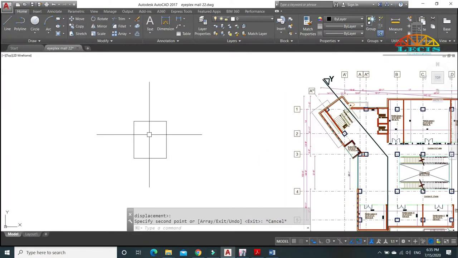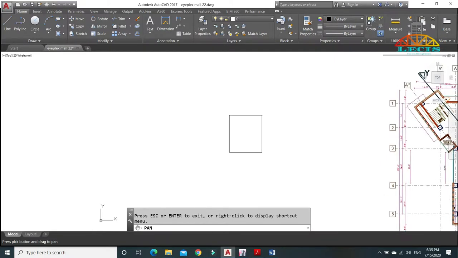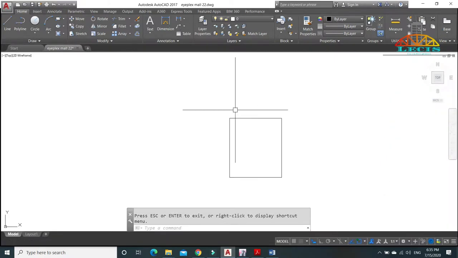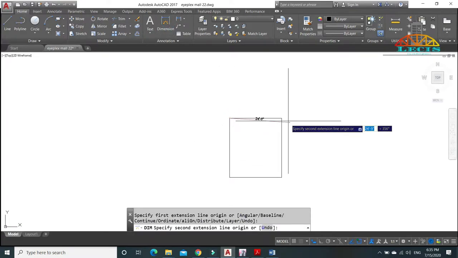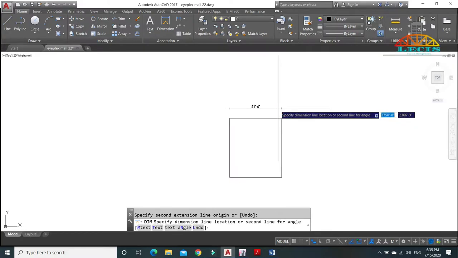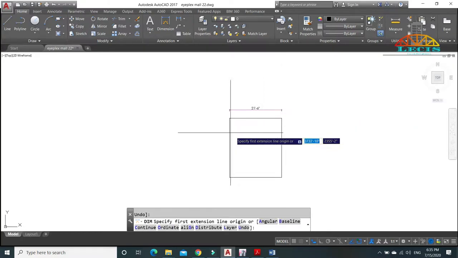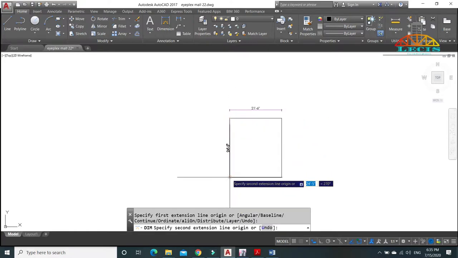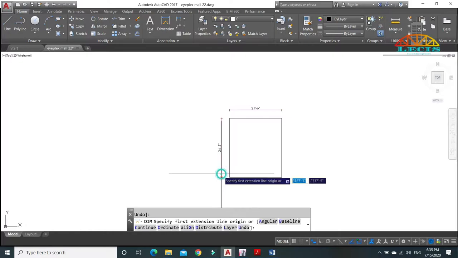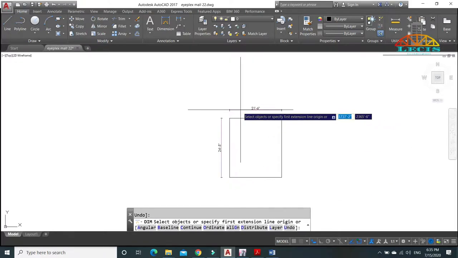Here we have it. Okay, so this is our critical slab. So let's show the dimension to this slab. So this is the dimension of the slab.